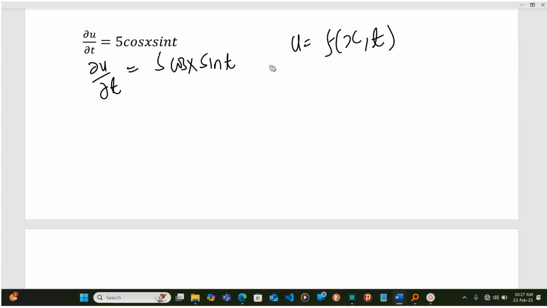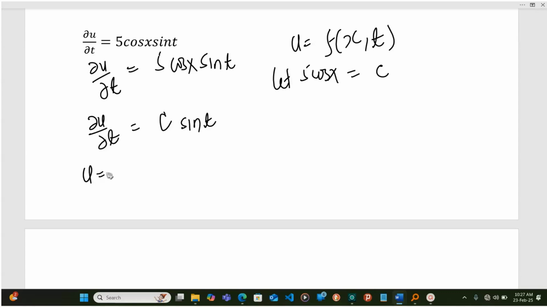Even if I wanted, I can let that 5 cos x equal, for example, c, so that I have ∂u/∂t equal to c sin t. Now I'm going to be partially integrating this to get the solution.